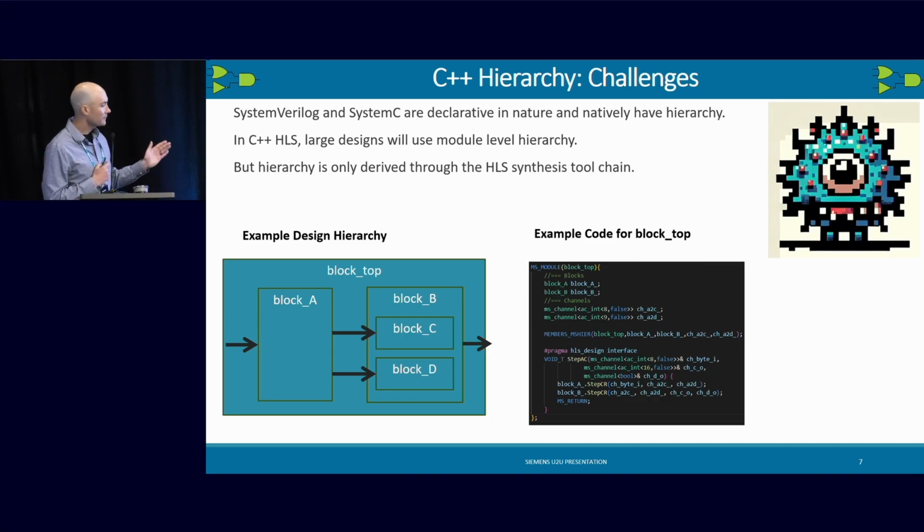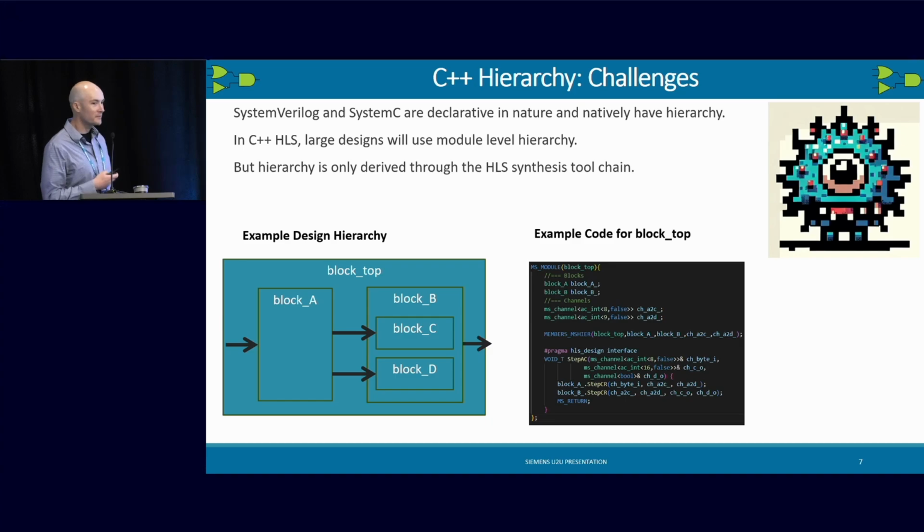All right. Next challenge along our journey, C++ hierarchy. Again, SystemVerilog and SystemC are declarative in nature and natively have hierarchy support. But given C++ is just a generic programming language, the hierarchy support is not native.